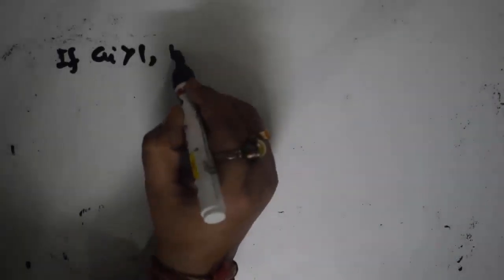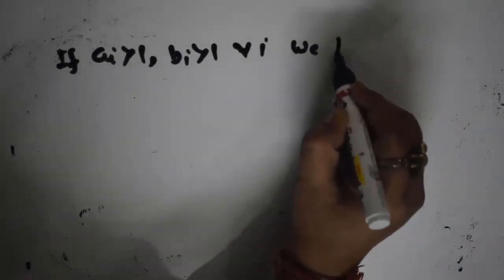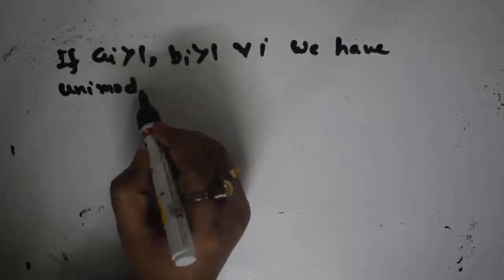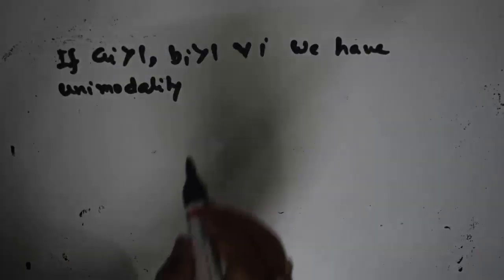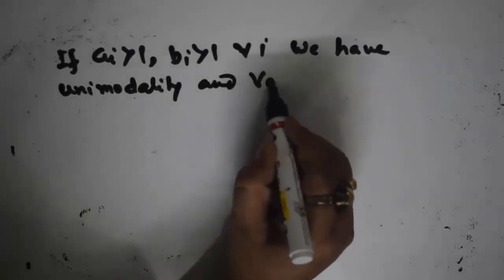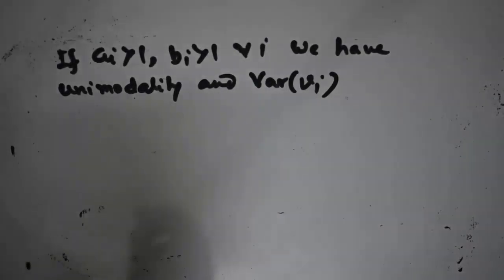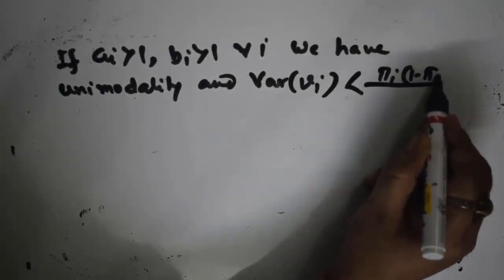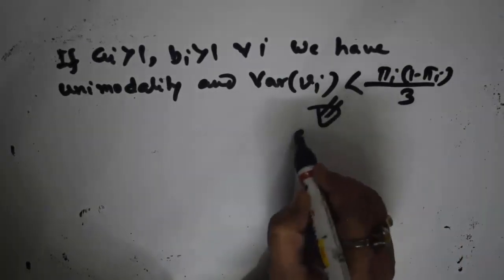If ai greater than 1, bi greater than 1 for all i, we have unimodality and variance of Vi should be less than pi i into 1 minus pi i by 3. Check.